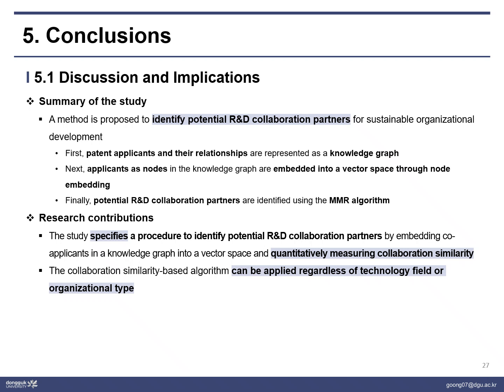As a research contribution, this study quantitatively measured collaboration similarity and clarified the procedure for identifying potential R&D collaboration partners. In addition, the proposed method can be widely applied regardless of the technology field or type of organization.